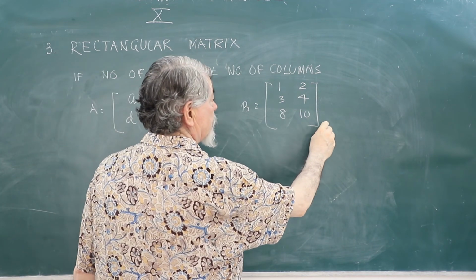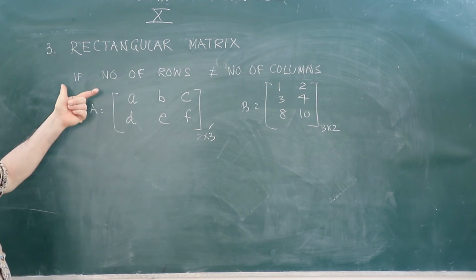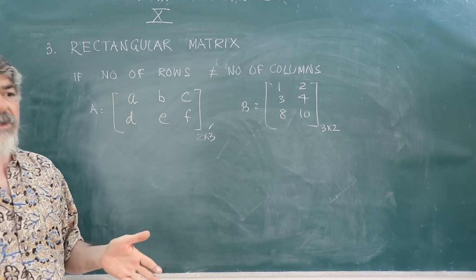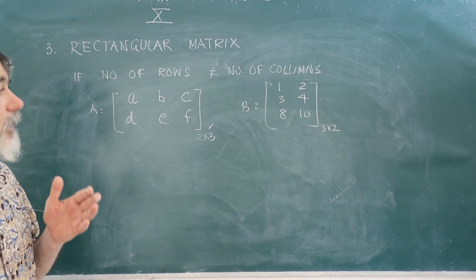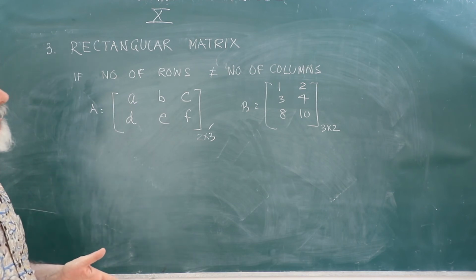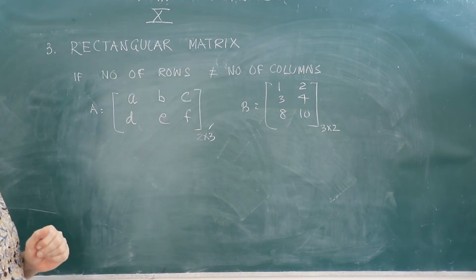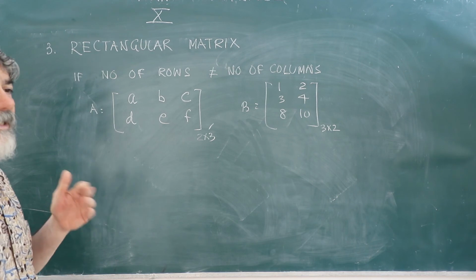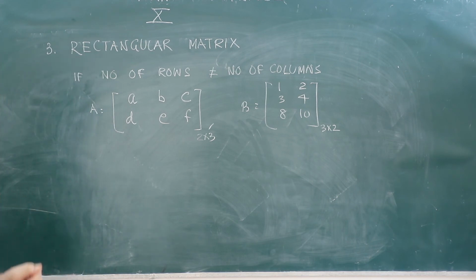It has 3 rows and 2 columns. So these two matrices, where the number of rows is not equal to the number of columns, are called rectangular matrices.